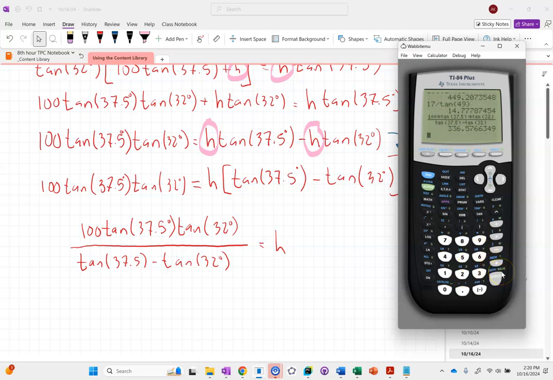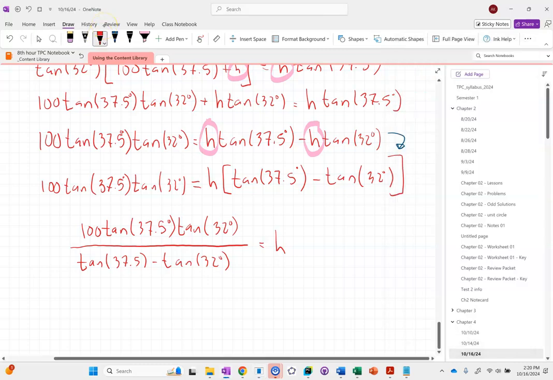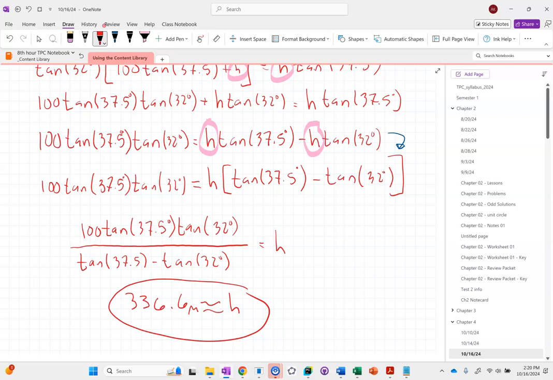So I do that and I get 336.6. Guess those are meters. Whoa, that was a workout.